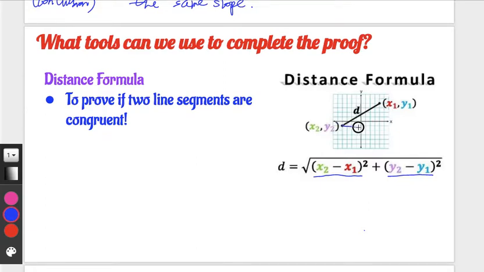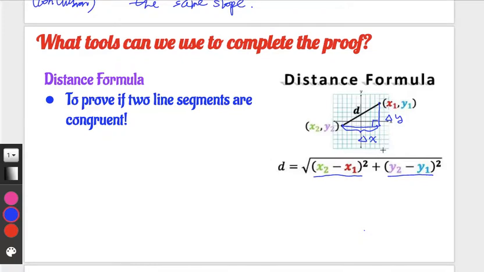So we find the difference of x. This is the difference of x. We use delta x to represent it. And then we find the difference of y. This is the difference of y. And you're actually looking at a right triangle, and this d is representing the hypotenuse of this right triangle.